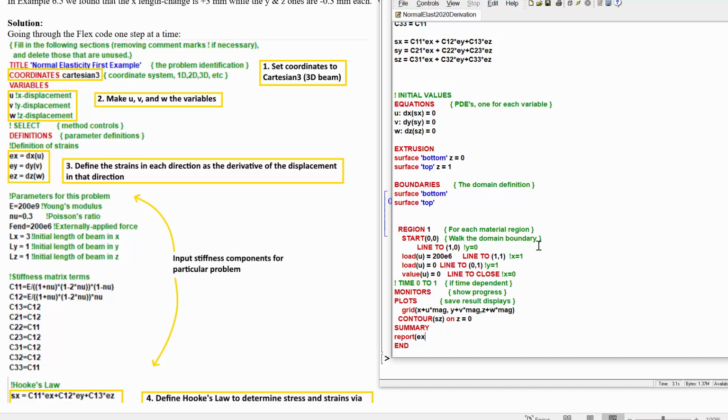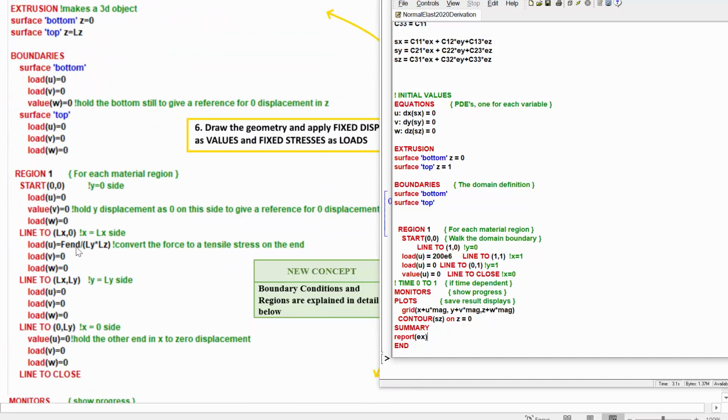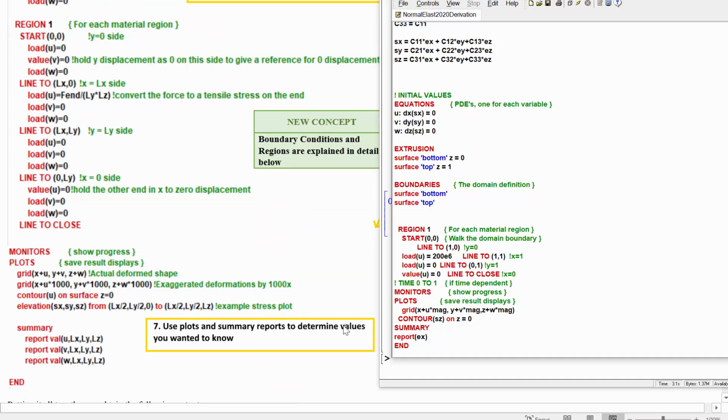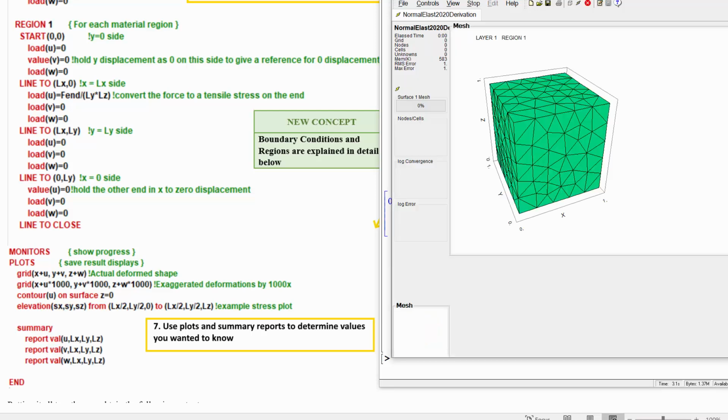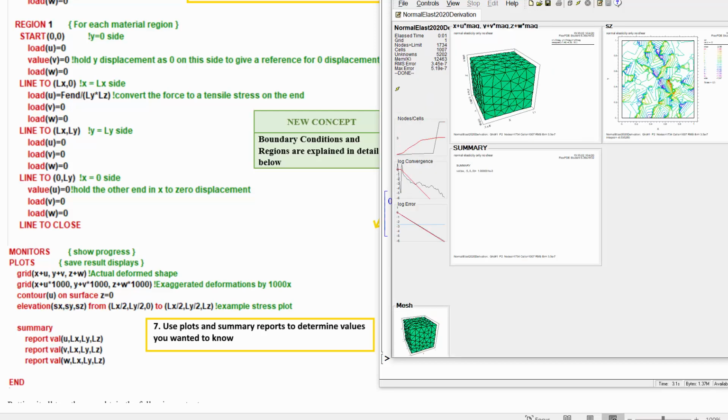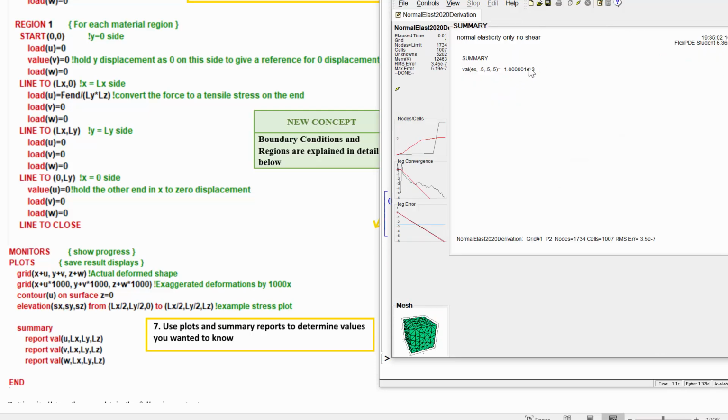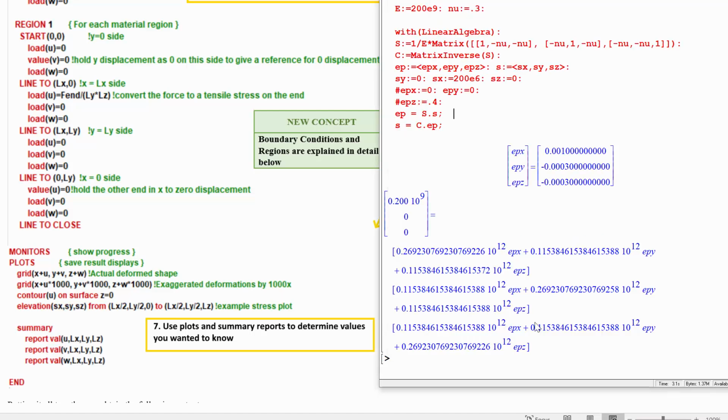And where do we want to report this? Because we need to evaluate this at a point, we'll need to say report the value of this and then give coordinates at, let's say, 0.5, 0.5, 0.5. Sure, right in the middle of this thing. So now if we report that, we're reporting the strain right in the middle. Epsilon x is 0.1 e minus 3, and that should be what we got in Maple.